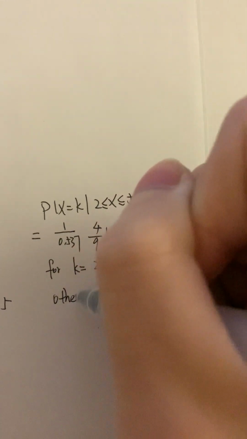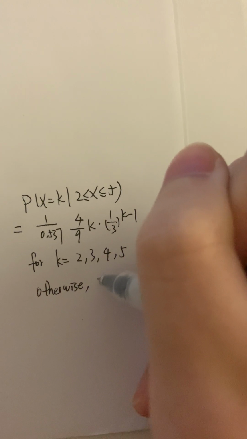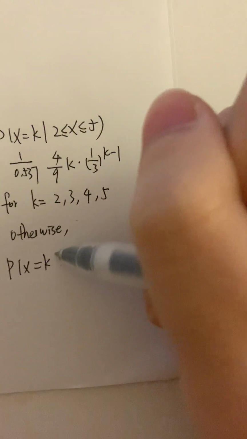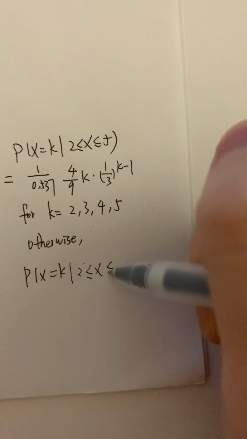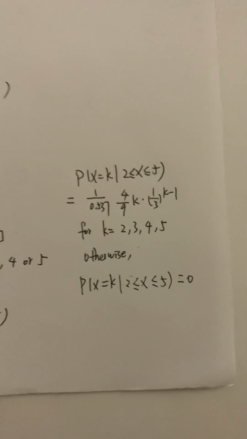Otherwise, the probability that x equals k given 2 is smaller than or equal to x and smaller than or equal to 5 is equal to 0. So we are done.